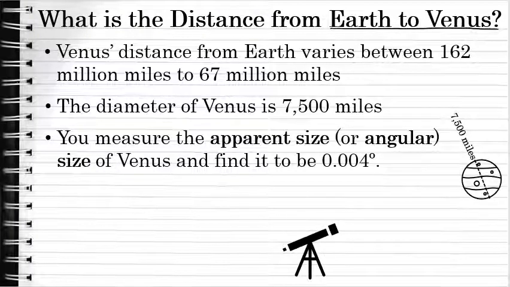Now, if you know the diameter of Venus, you can determine the distance from Earth to Venus if you know the apparent or angular size of Venus.